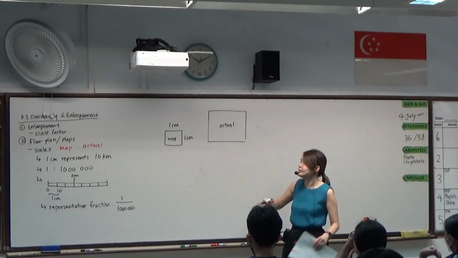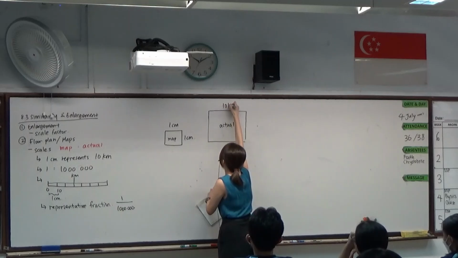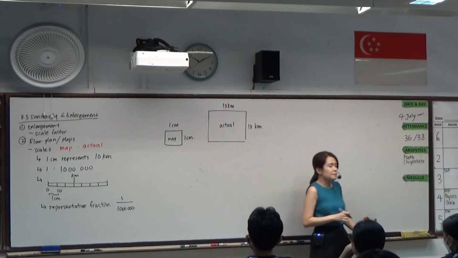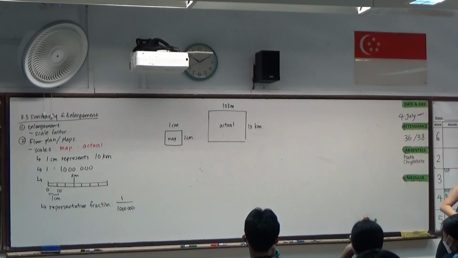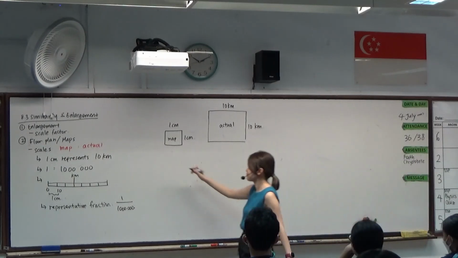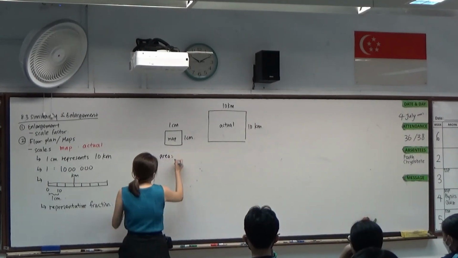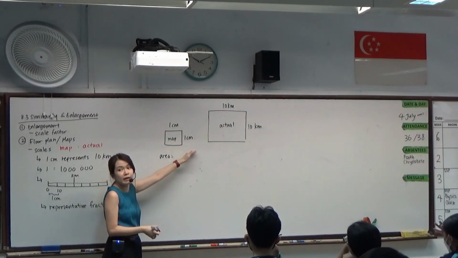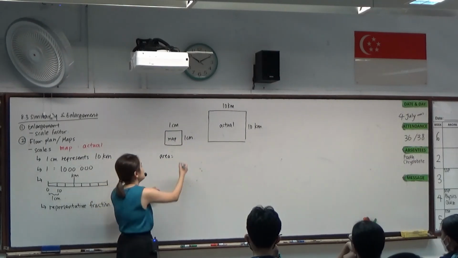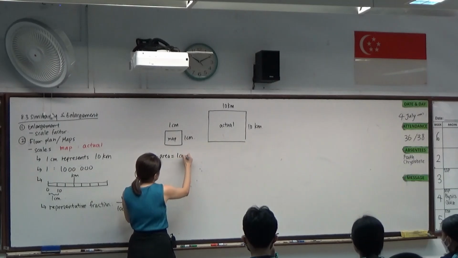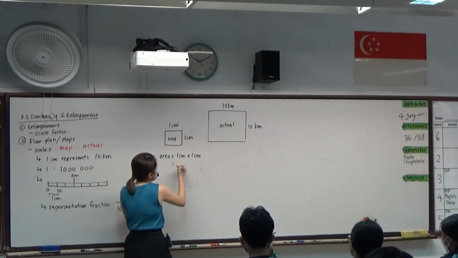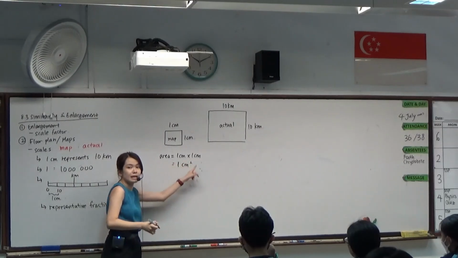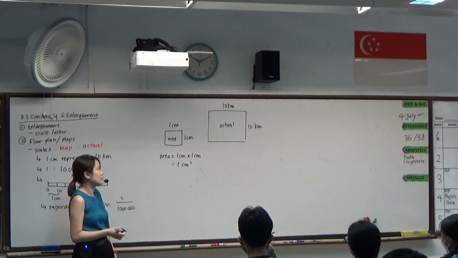That means in reality, the square is 10 kilometers by 10 kilometers. The area of the square on the map: length times breadth, 1 cm times 1 cm, which will be 1 cm squared.